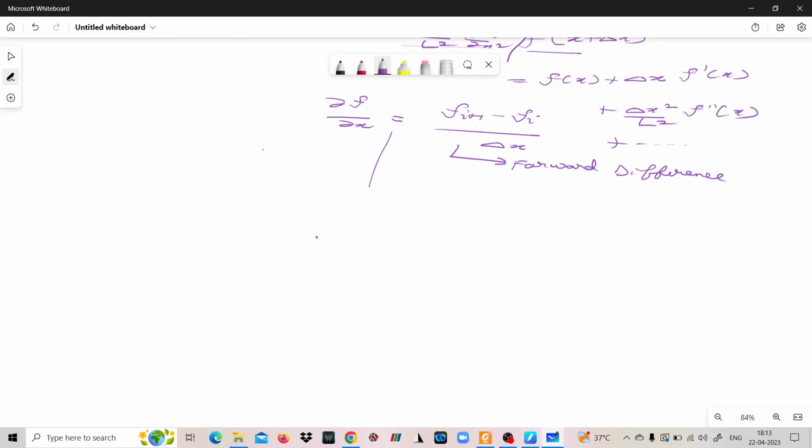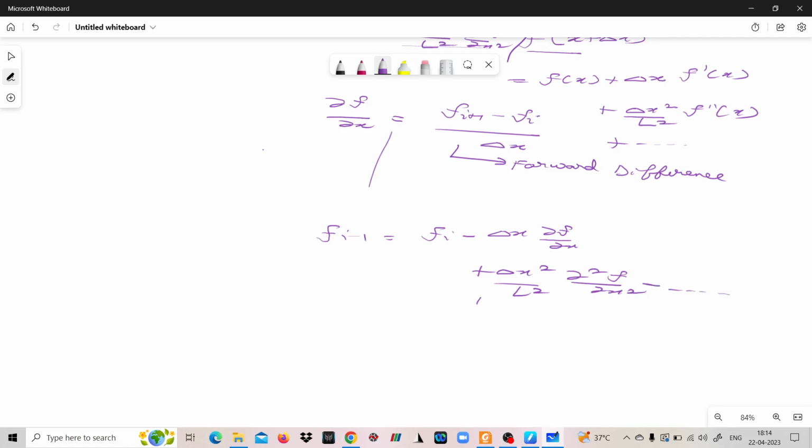For backward difference, f I minus 1 will be f of I minus delta x del f del x plus delta x square by factorial 2 del 2f del x square, so on and so forth.